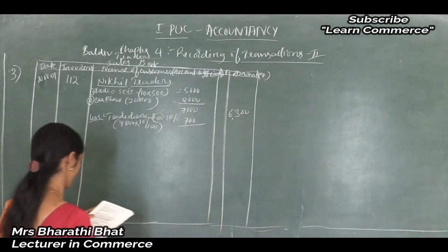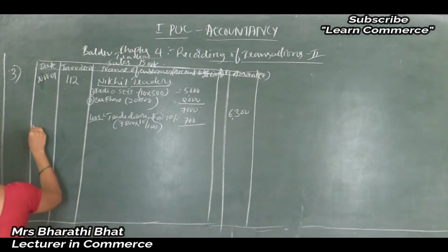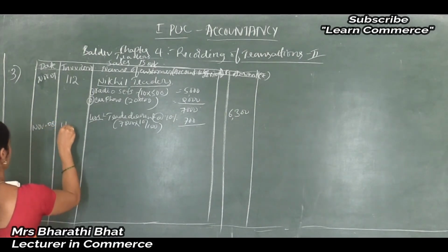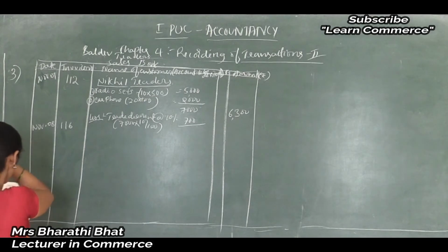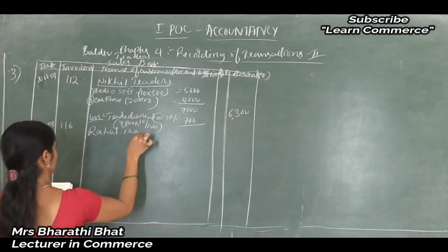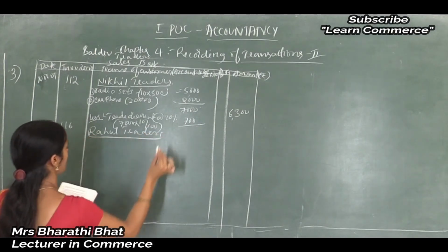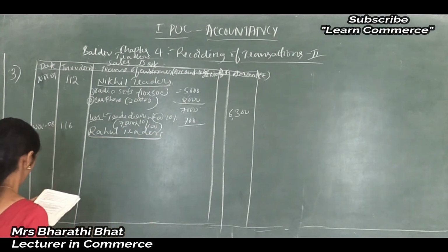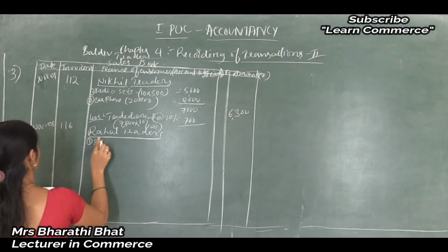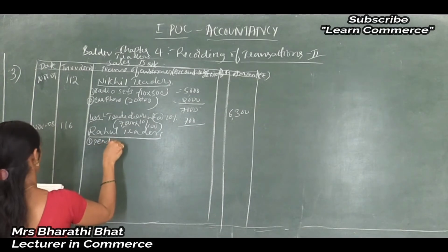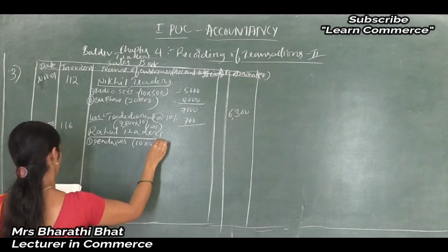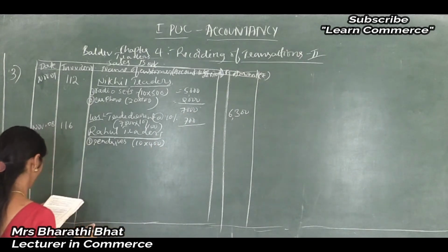See the next one. Sold to Rahul Traders, November 8, bill number 116, Rahul Traders. Underline. 2 items. One is pen drives, 10 into 400, 10 quantity, 400 rupees.